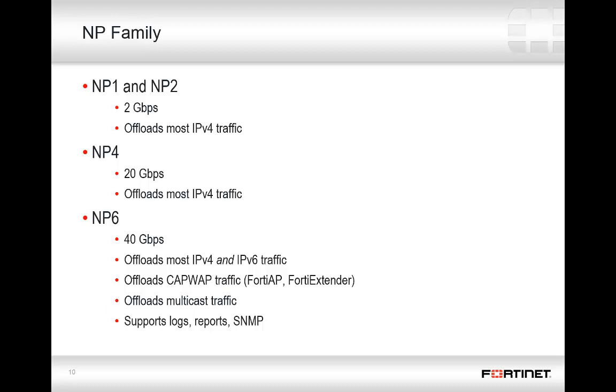Similarly, NP6 has up to 2 times better performance than NP4. But it also has other very important evolutions. It can offload IPv6, CAPWAP traffic for wireless control and provisioning, and multicast traffic. We'll show the special features in more depth later.